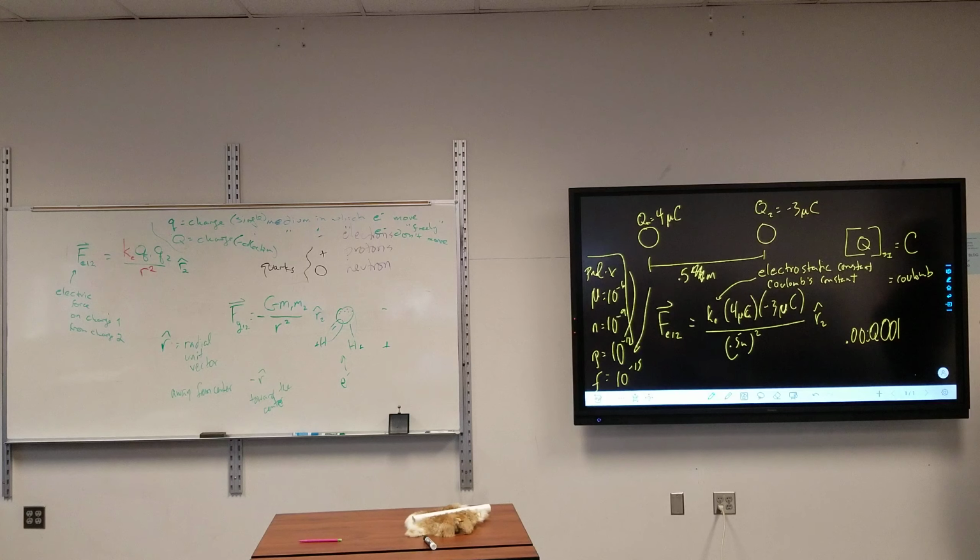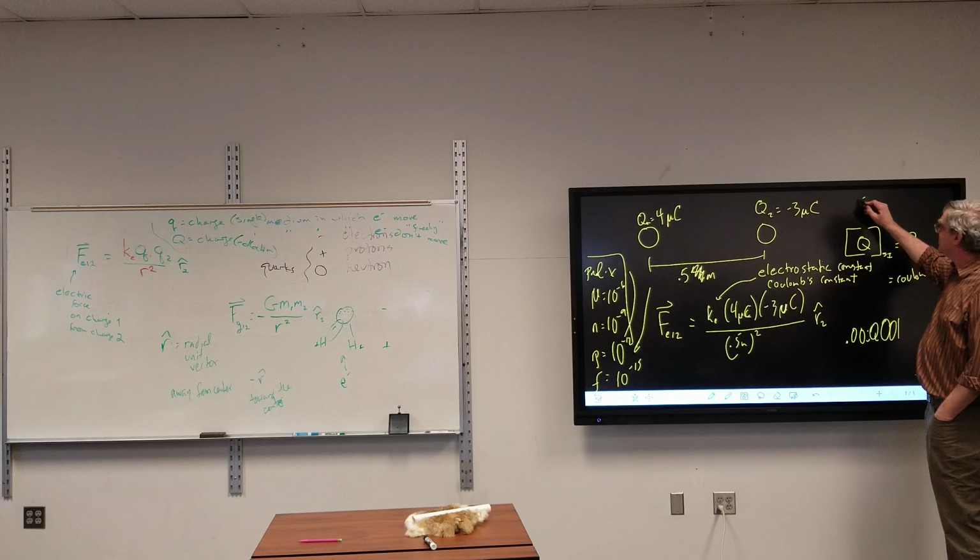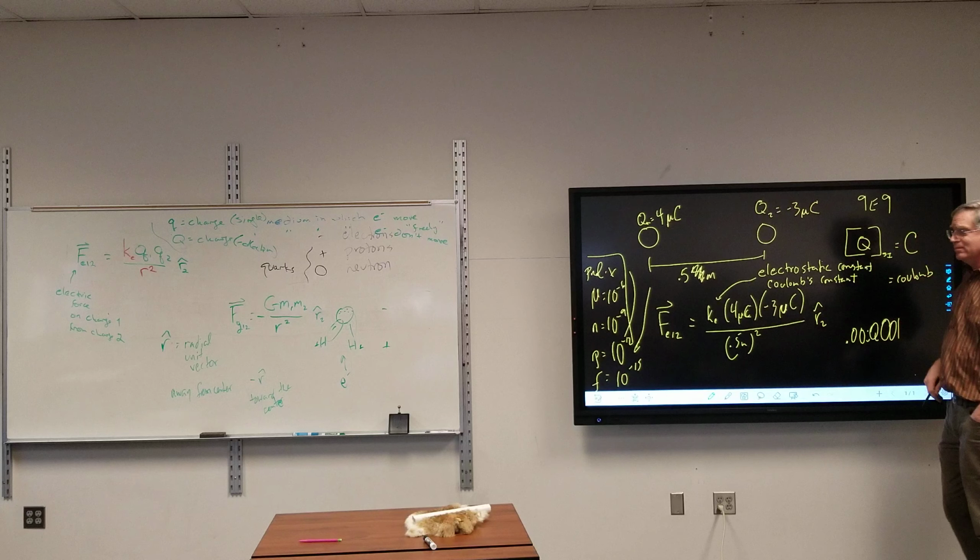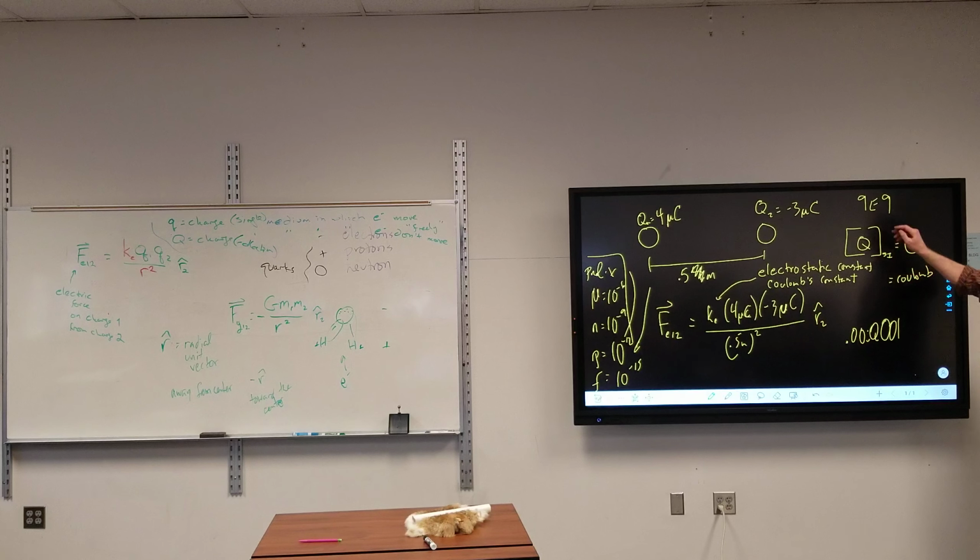All right, since it is a constant, it does have a value, and that value, quick and dirty, is roughly equal to 9 times 10 to the 9th Newton meter squared per Coulomb squared. On a calculator, 9 and 9. More detail, 8.99 times 10 to the 9th.